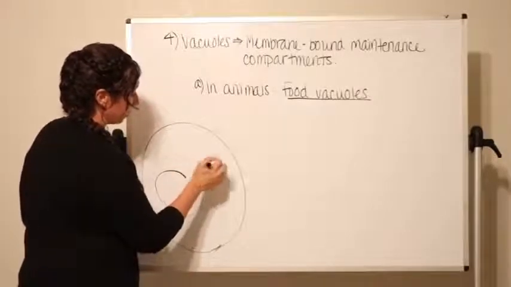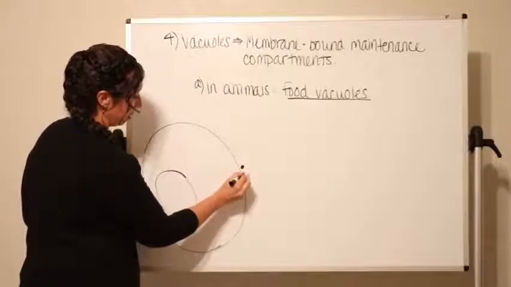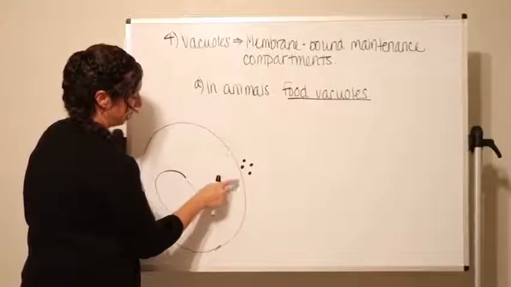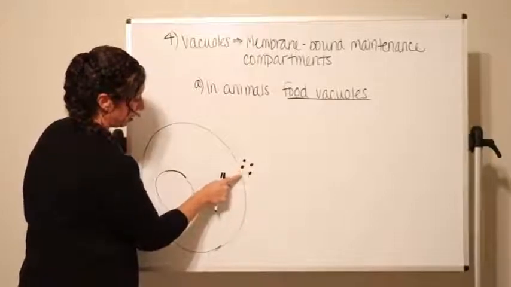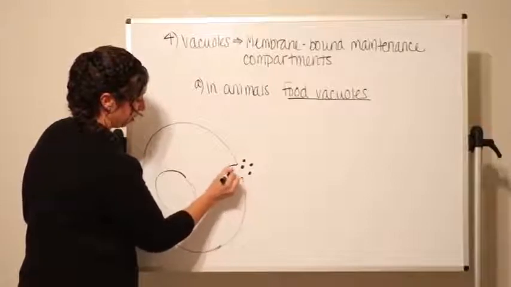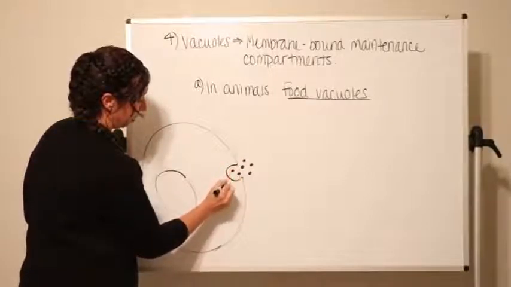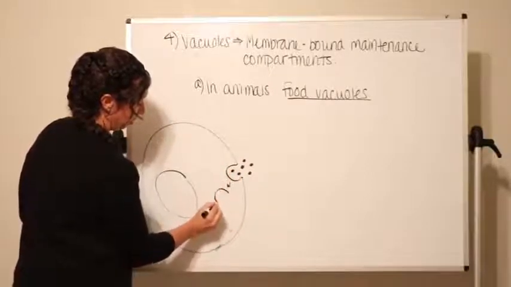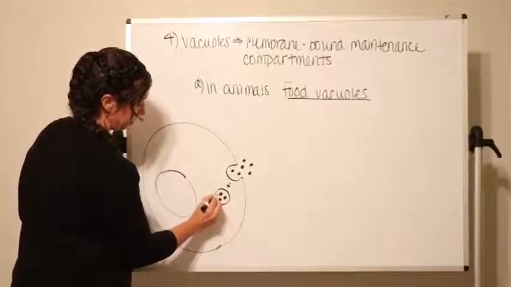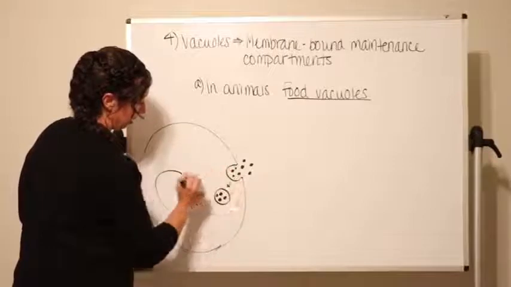What's going to happen, and I'll blow up this chunk of food right here so you can see what's going on here. These are enlarged pieces of food. This food is going to get in contact with the cell membrane. The cell membrane is actually going to take in the food, and it's going to form a food vacuole. So there's my food chunks that got in there.